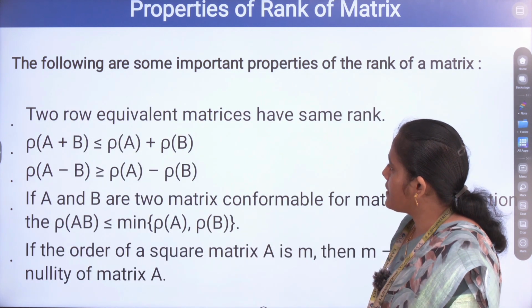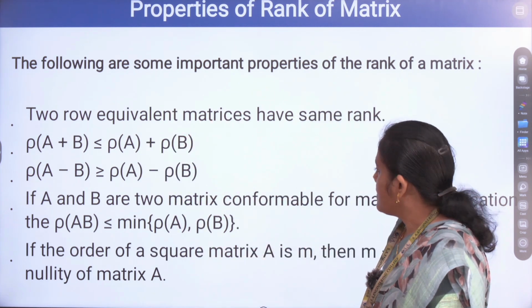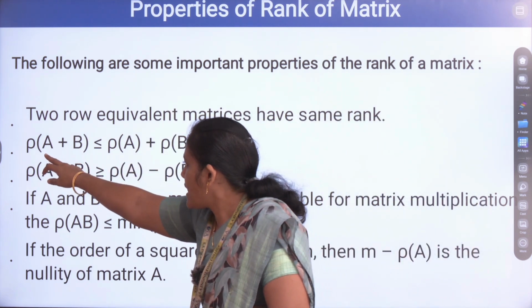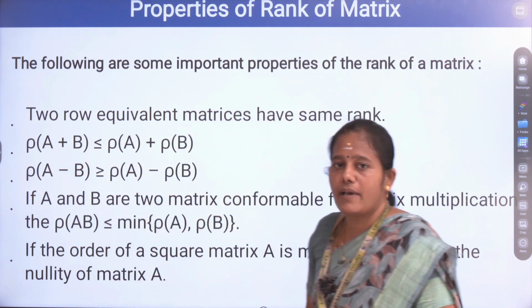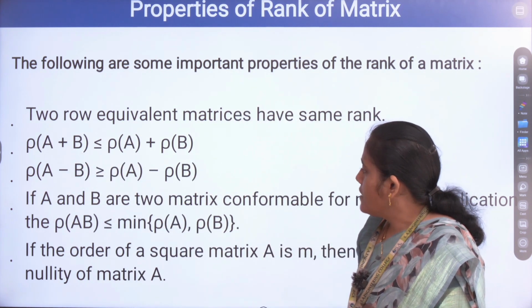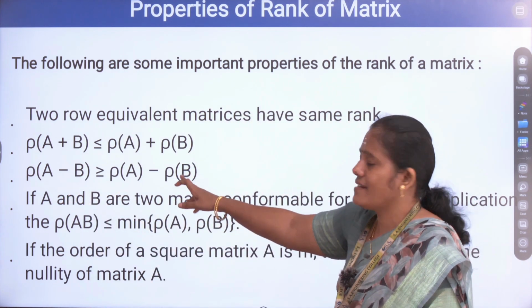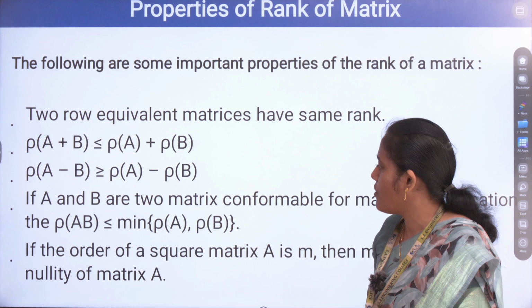The next properties: for two matrices, the rank of A plus B is less than or equal to rank of A plus rank of B. The rank of A minus B is greater than or equal to ρ(A) minus ρ(B).